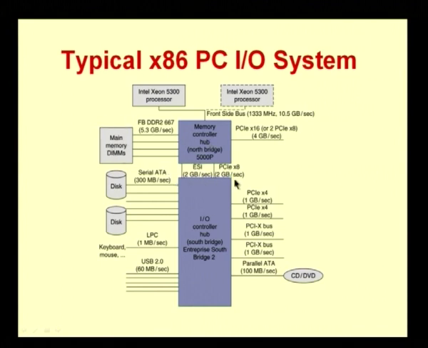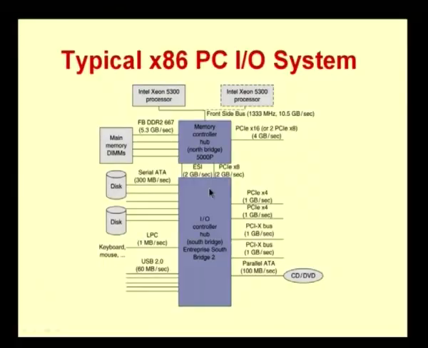Then you have your PCI bus, this is your IO bus, to which the IO controller hub will be connected, and to which you have the PCI-X bus and other things connected, such as the different disk devices, keyboards, mouse, USB ports. All these things would be connected. This is called the south bridge. So, north bridge and south bridge are two terms used to identify the memory controller hub and the IO controller hub. This is typically how things will look inside your PC.